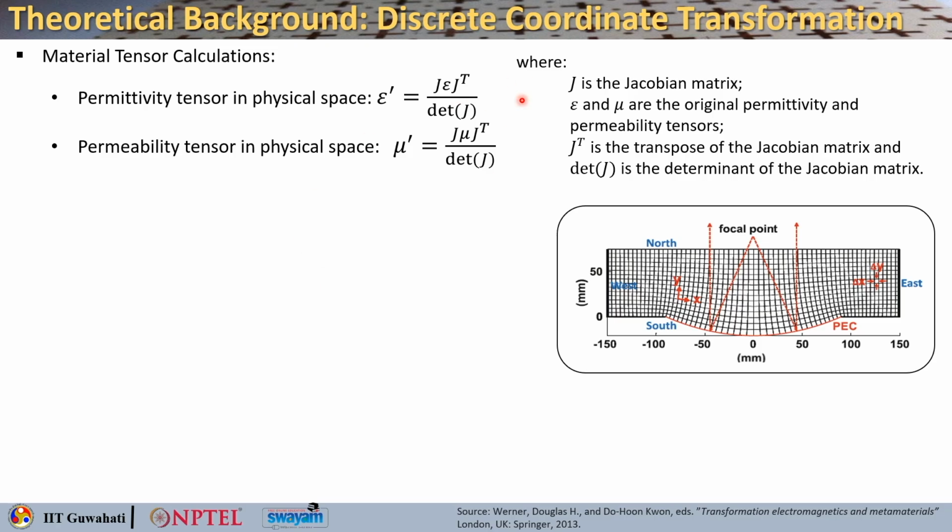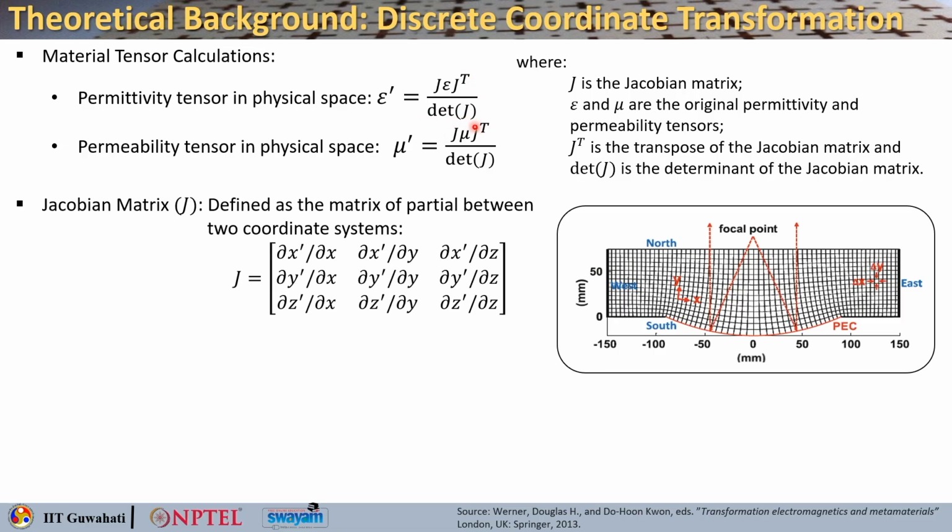Now what is J? You already remember from the previous lectures that J is nothing but the Jacobian matrix. Epsilon and mu here are the original permittivity and permeability tensors. J transpose is the transpose of the Jacobian matrix, and the denominator is the determinant of the Jacobian matrix.